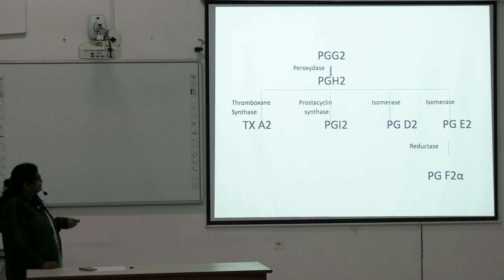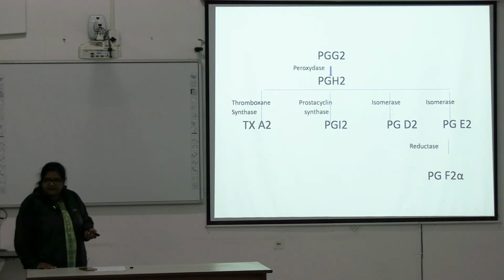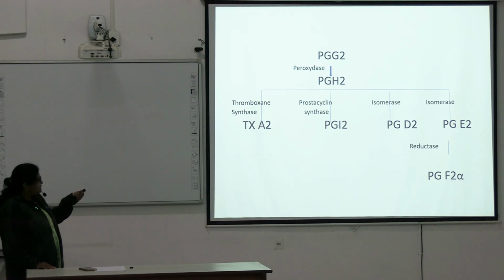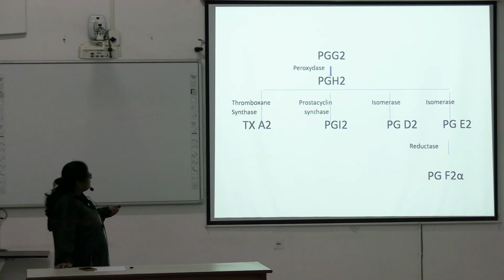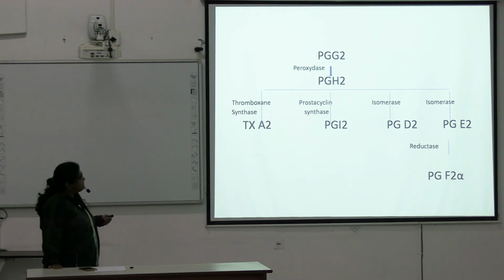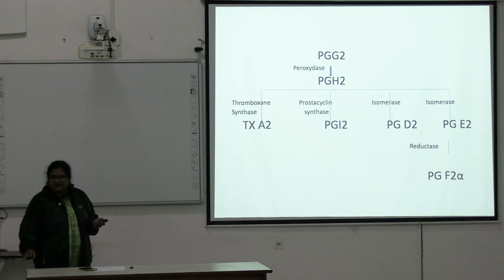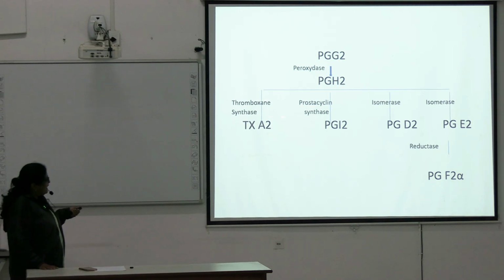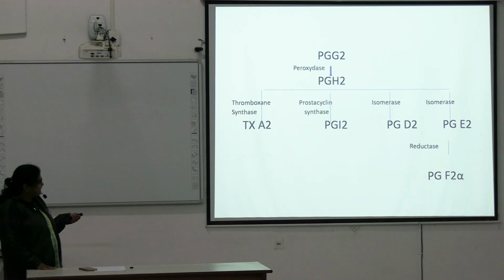This PGH2 is converted by different enzymes to different prostaglandins, prostacyclin and thromboxanes, the prostanoids. By thromboxane synthase, it is converted to thromboxane A2. By prostacyclin synthase, it is converted to prostacyclin PGI2.